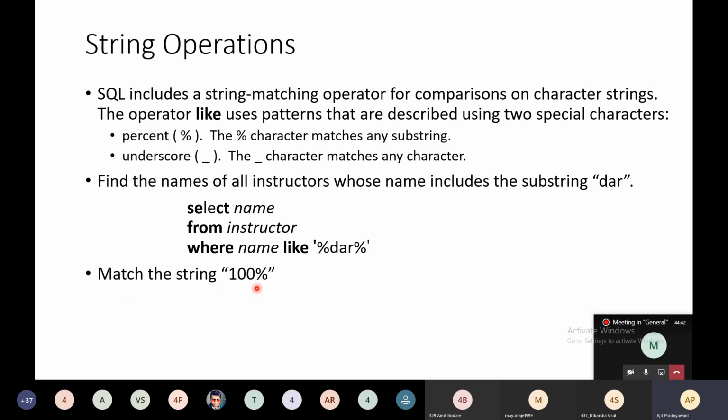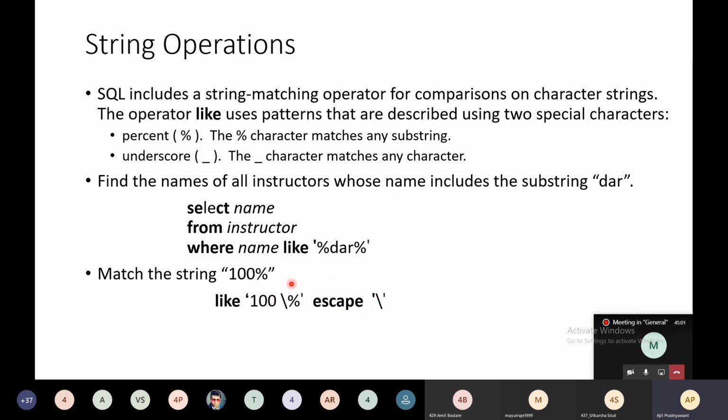Suppose this is the string and you need to match it as 100%. So you need to mention like 100, then slash percentage. You have to use the escape, this slash. So this is the special thing.